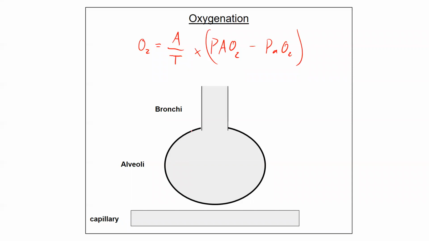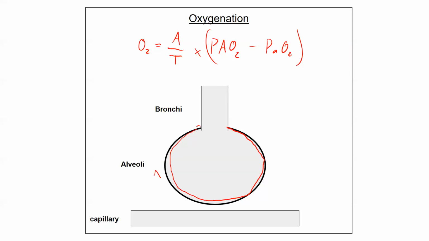So area of the alveoli, we can't change this, right? Things that are going to really decrease this surface area are things that cause alveolar filling, like pneumonia, non-cardiogenic pulmonary edema, atelectasis, right? This is pathology that's going to change this.